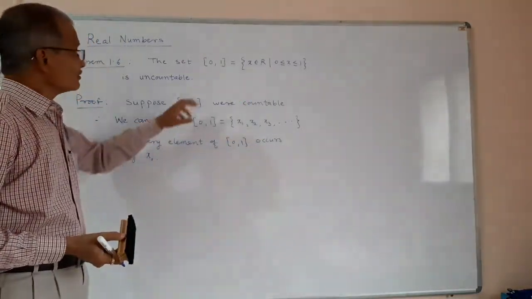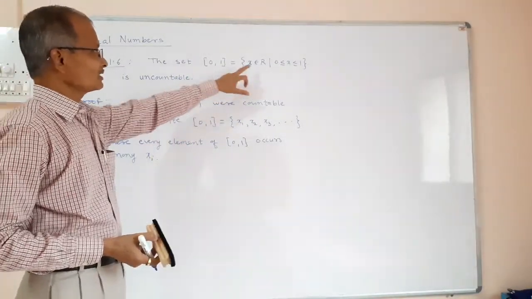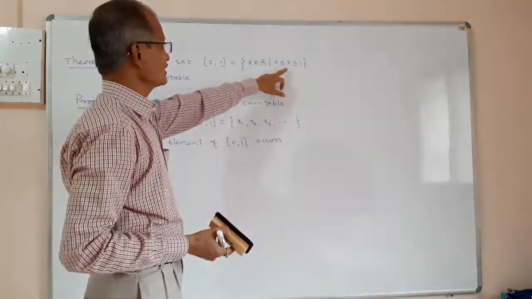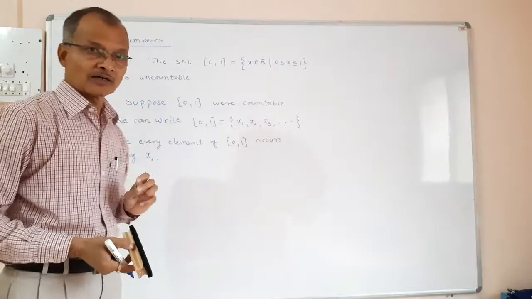And you see, this is the closed interval of real numbers: x belongs to R means x is a real number and x lies between 0 and 1. Endpoints are included in this interval.